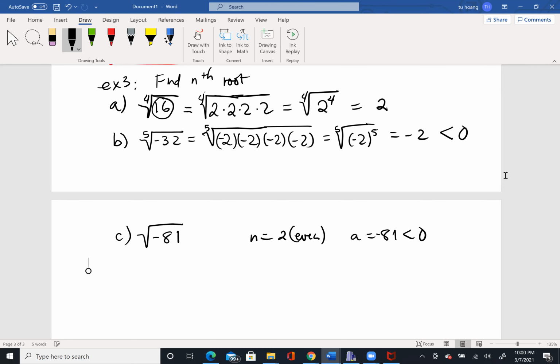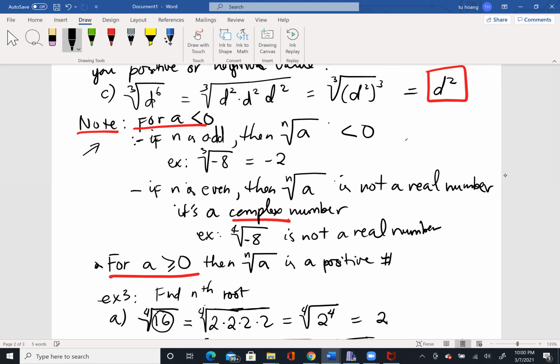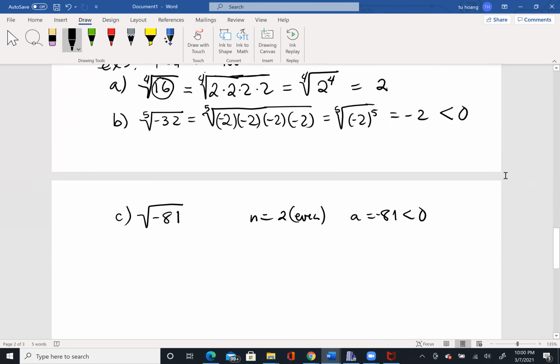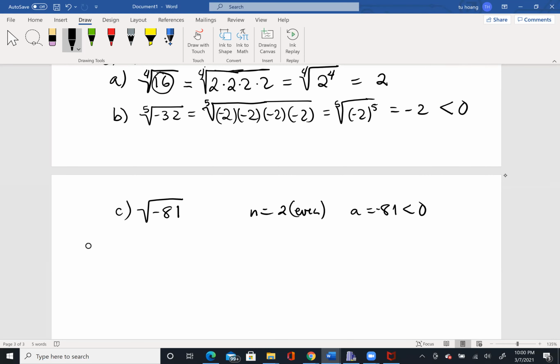So you can take a look over here, the first case: with n even, the root n of a is not a real number. It's a complex number. So this will give you a complex number. And again, I will talk about this later, not now.